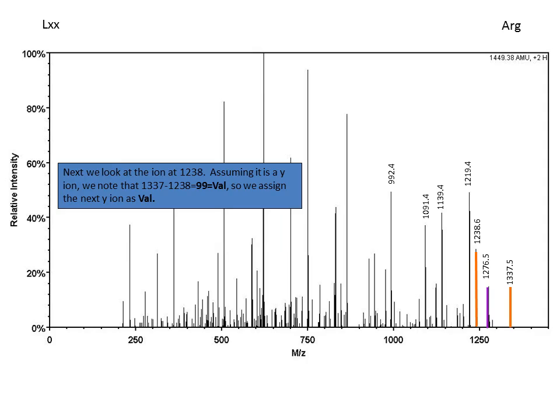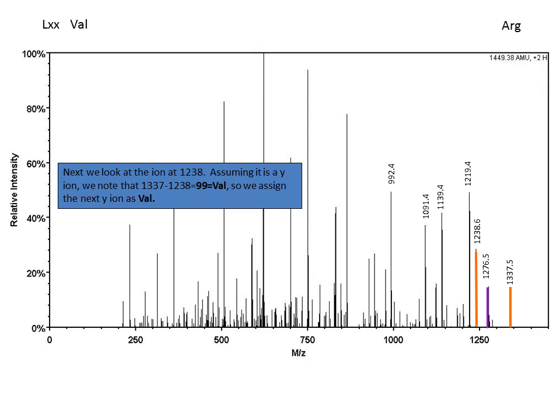Next we look down at 1238. Again, this is too close to 1276, so it must be the next one in the sequence after 1337, starting from the N-terminal end. What these orange indicated fragments are is the peptide losing the first amino acid, with the charge being carried on the C-terminal end, and the second one, 1238, is the peptide missing the first two amino acids, with the charge being carried on the C-terminal end.